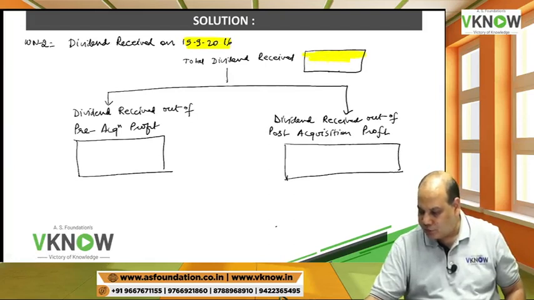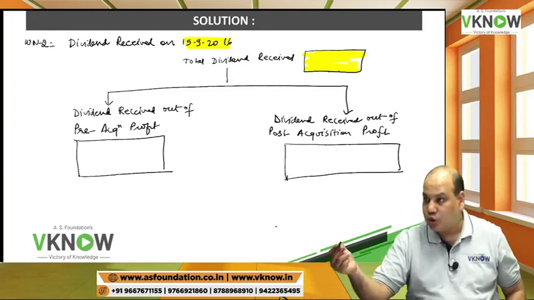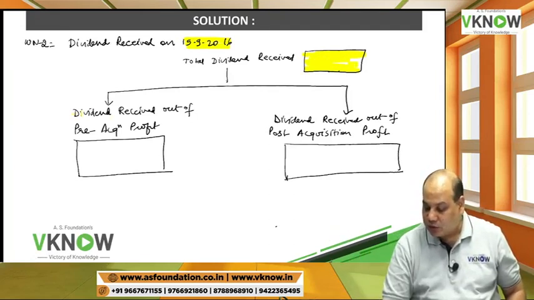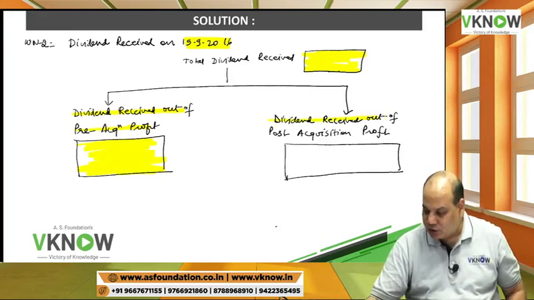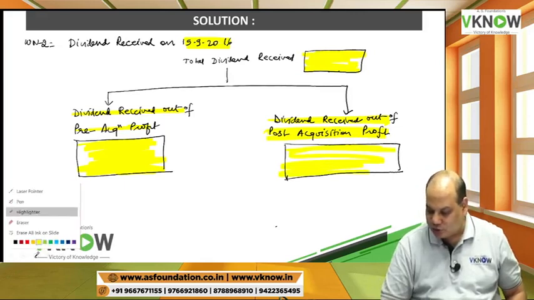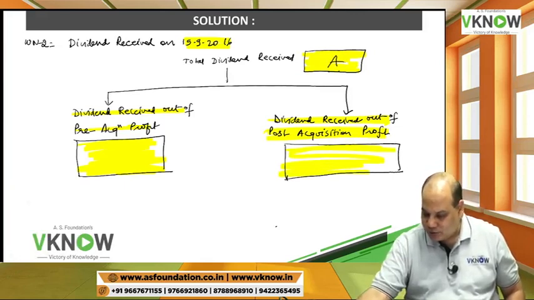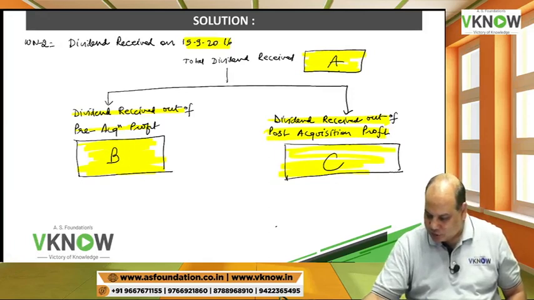Give me the total figure. Out of that, how much is dividend out of pre-acquisition? Give me this figure. And how much is dividend out of post-acquisition? Give me this figure. So let us call it A, B, C.